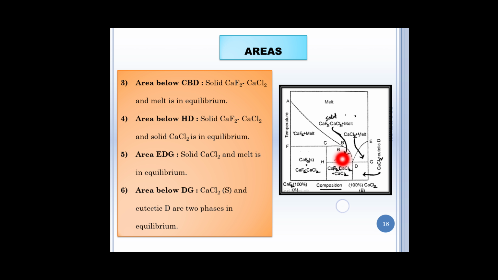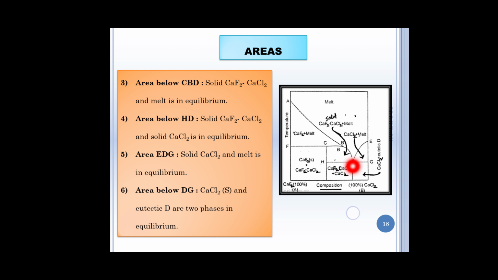Now the next one is the area below HD. This is a line below which this area is there. So in this area, the solid CaF2CaCl2 and solid CaCl2 are in equilibrium. The next area is area EDG.